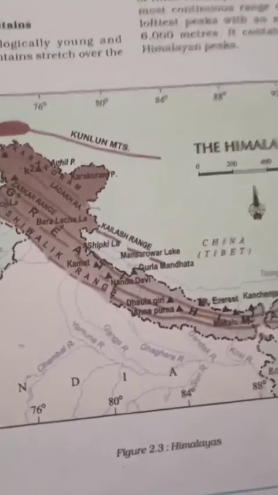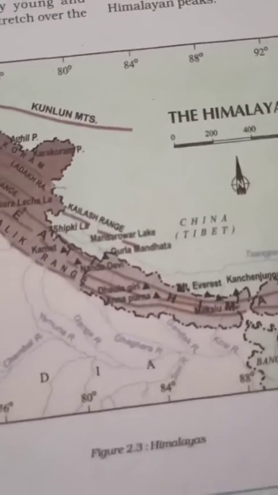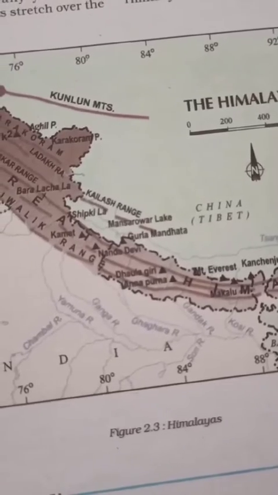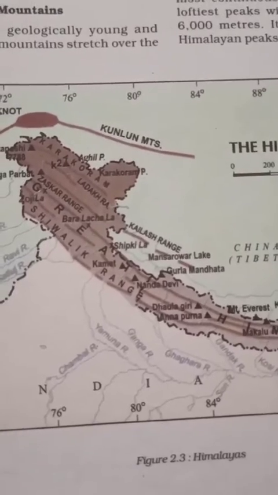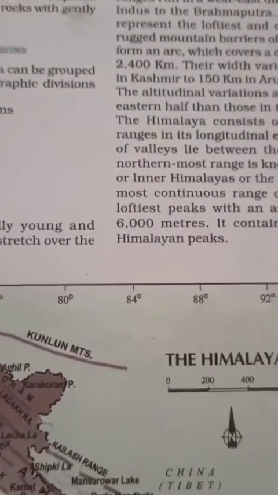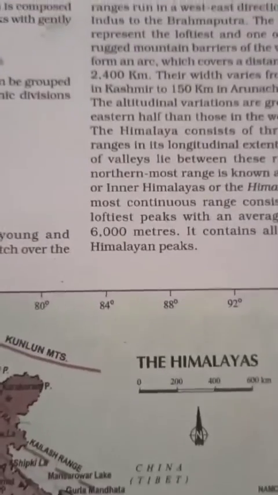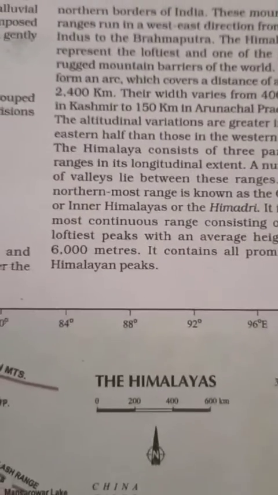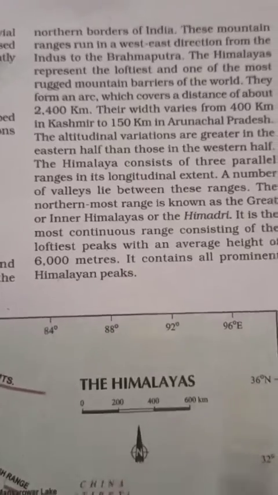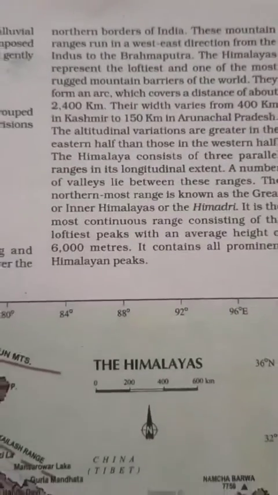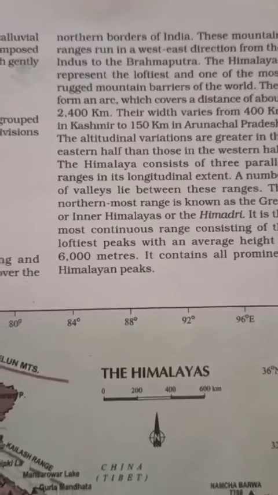The Himalayas consist of 3 parallel ranges in the longitudinal extent. A number of valleys lie between these ranges. The northernmost range is known as Greater Himalaya or Inner Himalaya. We can divide our Himalaya into 3 parts: the Greater Himalaya, Himachal and the Shivalik. The Greater Himalaya is also known as Inner Himalayas or the Himadri.